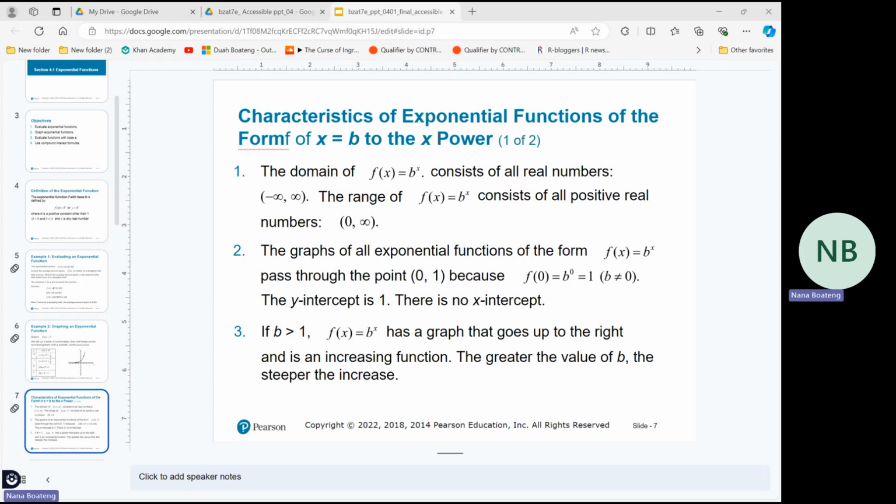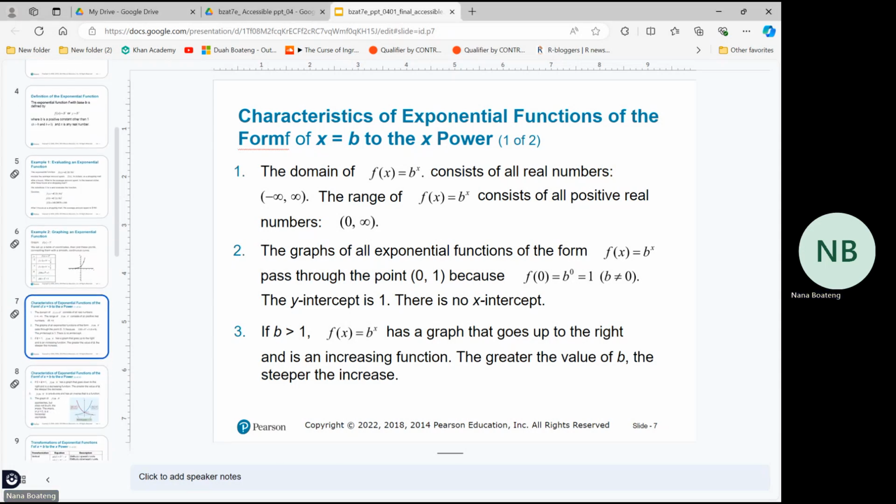And if b is greater than 1, then the graph goes up to the right. The greater the value of b, the steeper the increase.